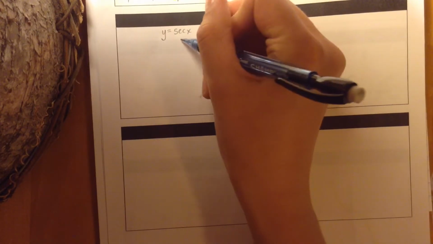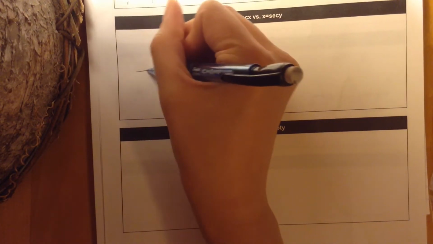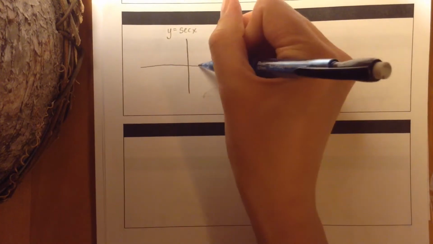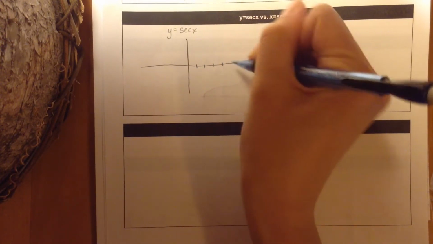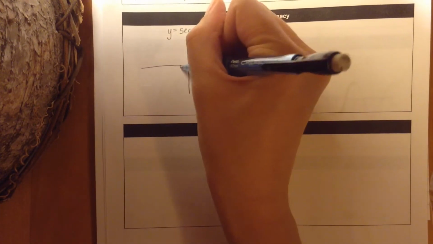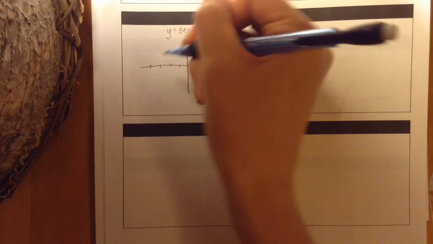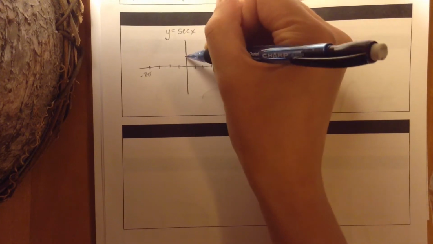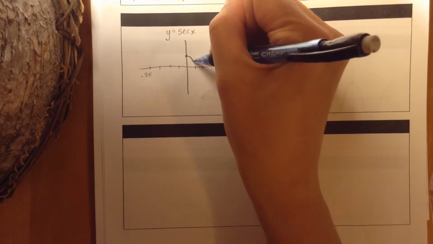Similarly to cosecant, we'll work through secant. Secant is 1 over cosine, so let's get a sketch of cosine going here. 4 tick marks again, making it from negative 2 pi to 2 pi. And cosine starts above.